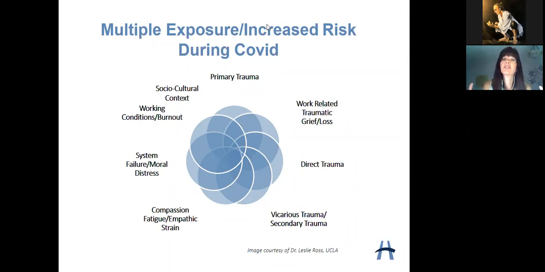And then there's the larger culture that we exist in. And it also has become increasingly clear that even though we say we're all in this together or we're all in the same boat, we truly are not. This has highlighted the inequities that have always been present in our society, in terms of it has not hit everybody equally, in terms of who's being affected by COVID and the impacts of COVID.